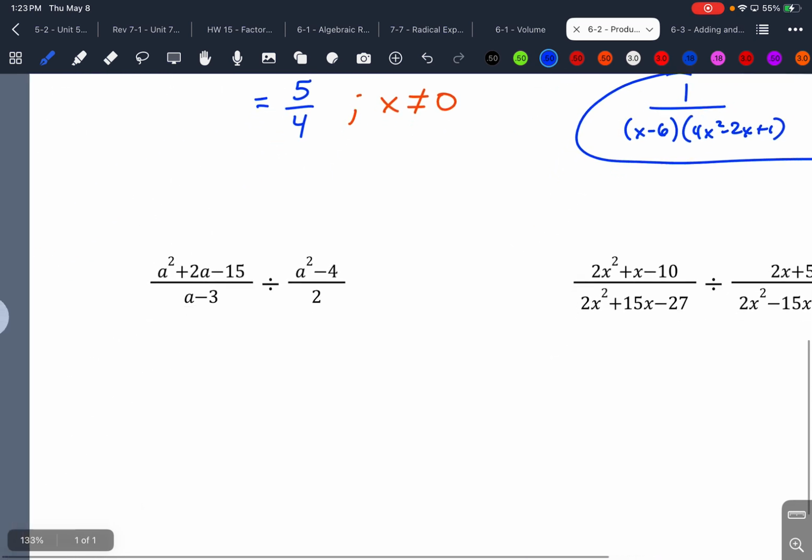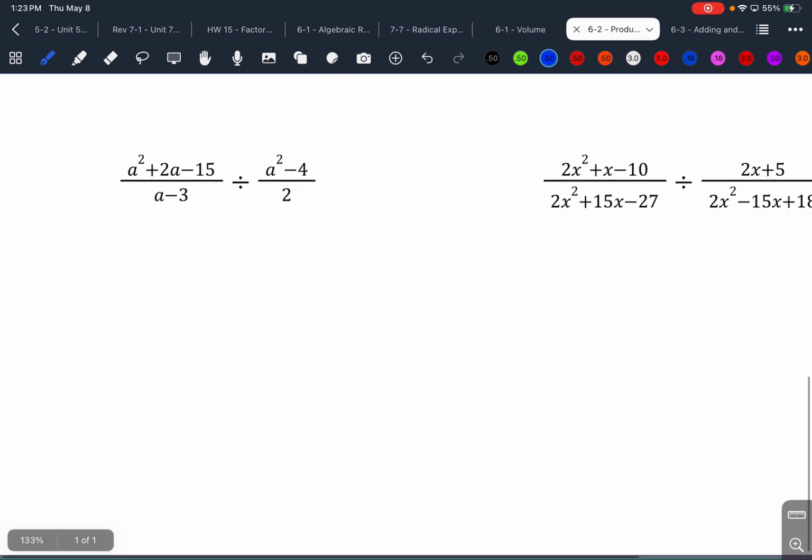So this one, I'm going to go ahead and factor all these, and in the next one, I'm going to flip the factored version. So a squared plus 2a minus 15, that would roughly be a plus 5 and a minus 3. A squared minus 4 would be a plus 2 and a minus 2.